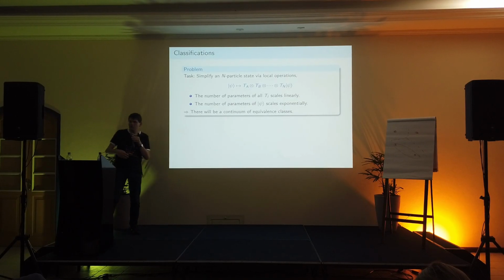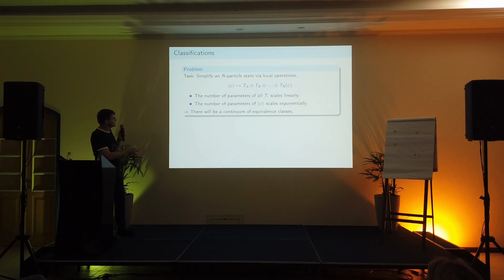Now, if you want to do the same program as for 3 qubits, you will run into problems. And you can see the problem from a very simple parameter counting argument. You take some state, you apply some transformation, maybe local unitaries, maybe SLOCC, maybe whatever, and you ask how simple can I make this state under such transformations?